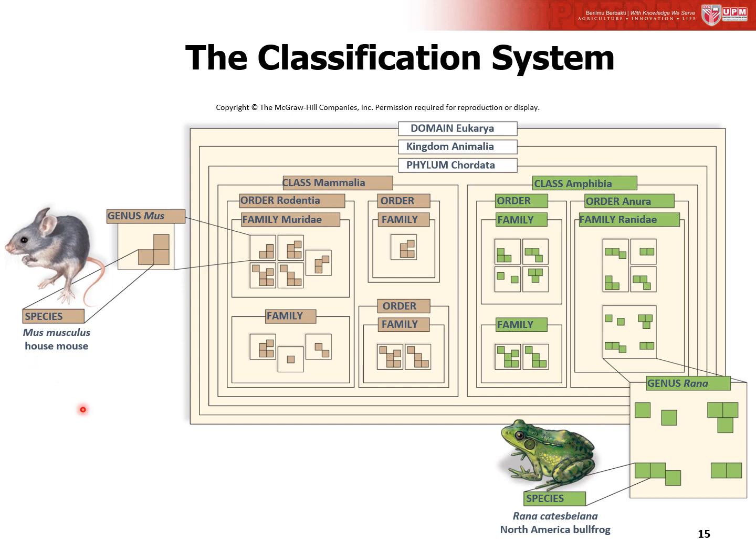A trait is a particular characteristic. Traits are essentially physical characteristics. If you refer to this figure, for example, the kingdom Animalia includes all the animals. Within the kingdom Animalia is the phylum Chordata, which refers to the animals that have spinal cords.